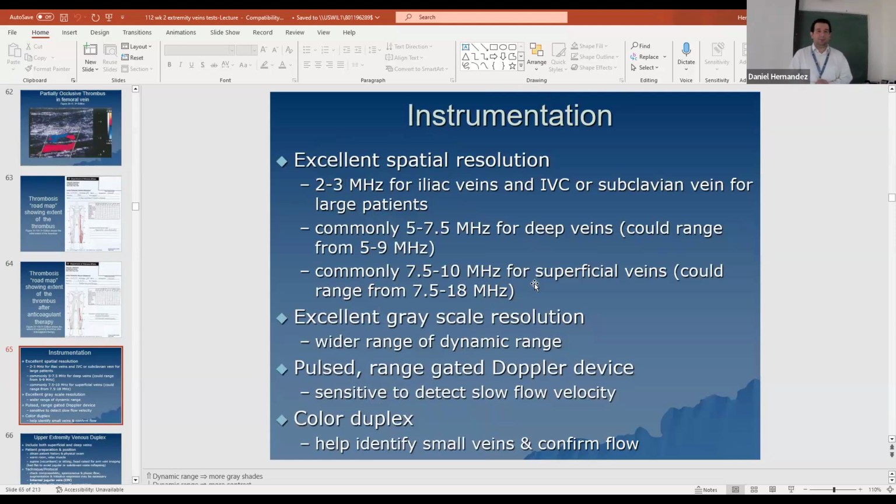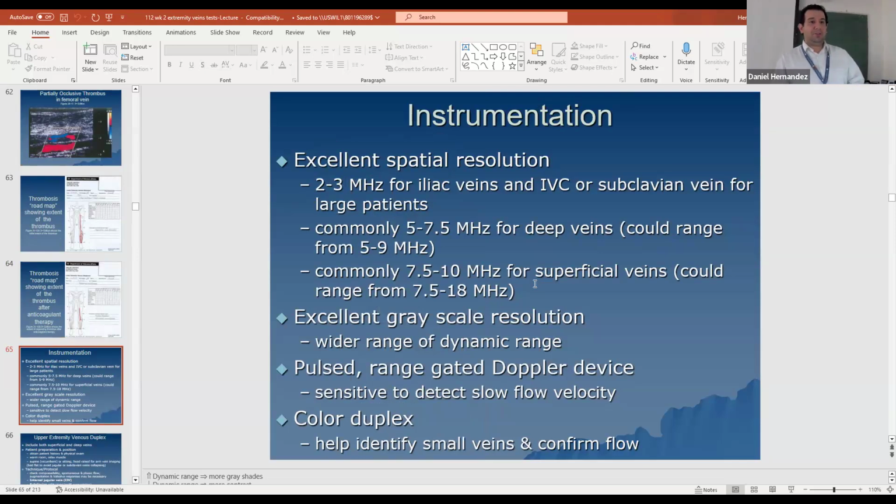Instrumentation, so we know that we utilize our linear transducer, our high frequency linear transducer, particularly when we get into the upper extremity veins or the superficial veins, we like to utilize as high frequency as we can go. If we have to image, say, external iliac or common iliacs or even IVC, we might have to switch to that low frequency curve transducer.